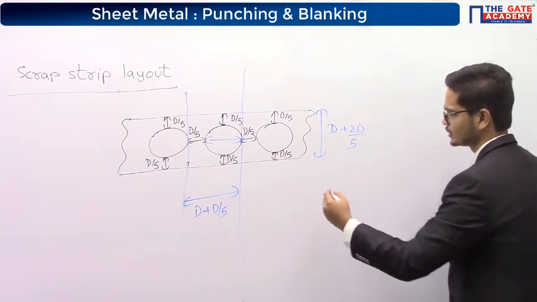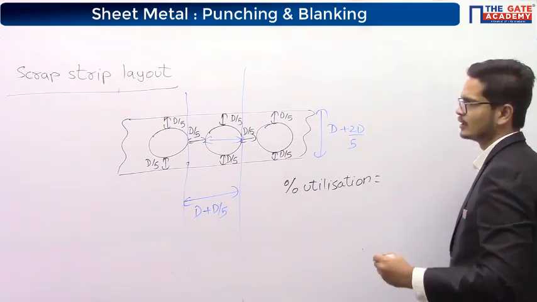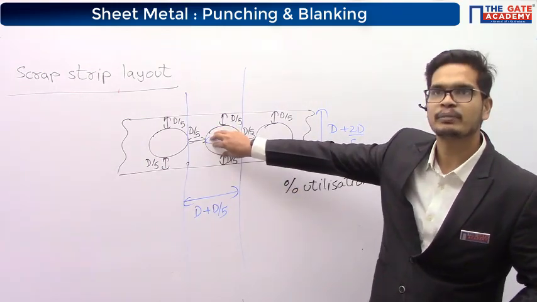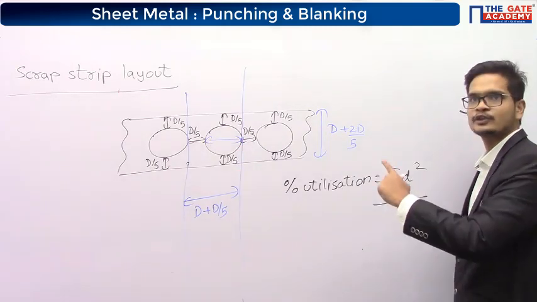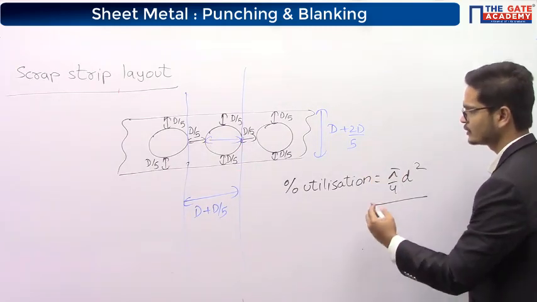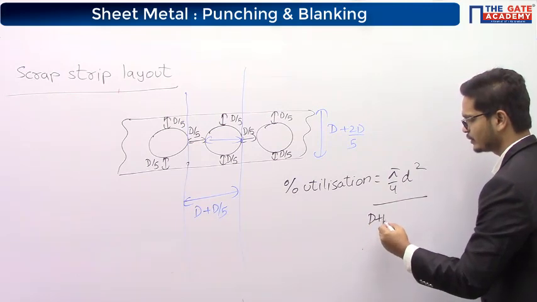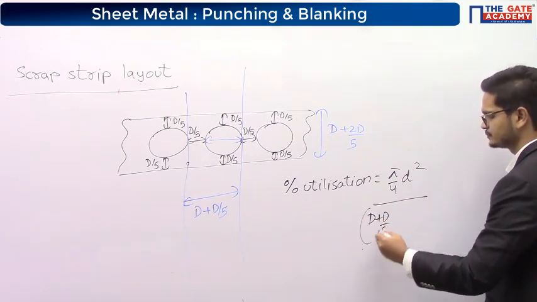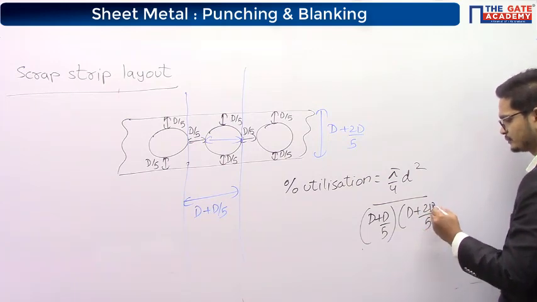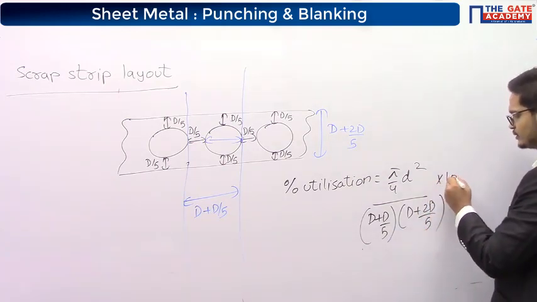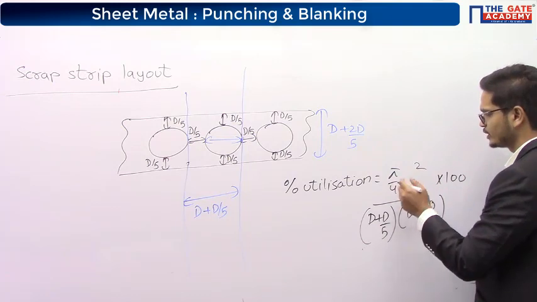See, I'll show you the percentage utilization. How much area are you using? Pi by 4 D square. What is the total area? D plus D by 5 into D plus 2D by 5, into 100.